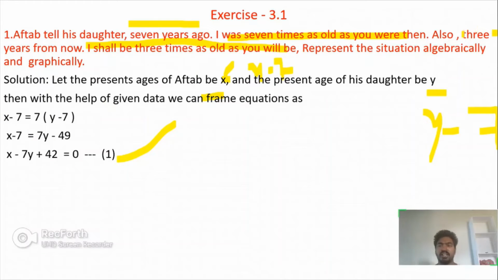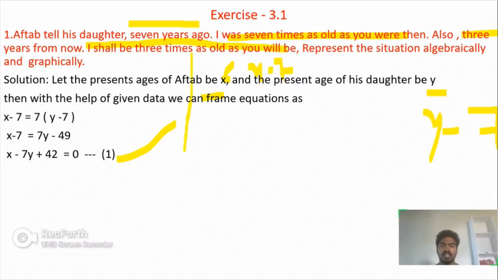And now what will be the second condition? 3 years from now. The present age of Aftab is x and his daughter's is y. So 3 years from now, that indicates x plus 3, and his daughter's age will be y plus 3. So 3 years from now I shall be 3 times as old as you will be.